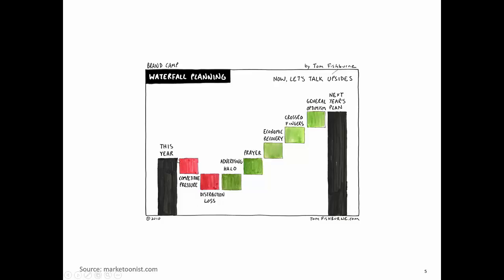So, for example, this case tries to explain how we have arrived at our plan for the next year, right? So it's like presenting the plan for the next year, and we started with this year. And then we plan some competitive pressure and distribution loss and so on.